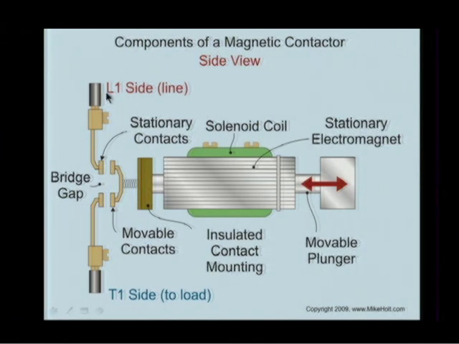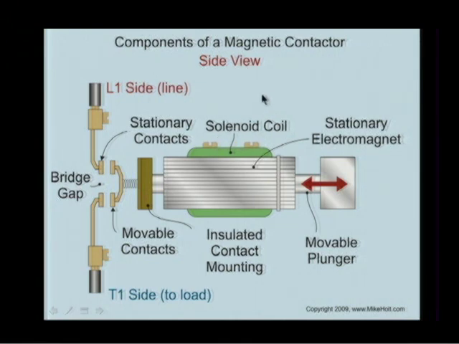We have line 1 coming in, and then we have T1 going out to the load. I don't even know why it's T, I don't even know why line, but it's what we call it. Then we have a contact, and it's open. We have some kind of control wires connecting right here. We should identify these as the control conductors.